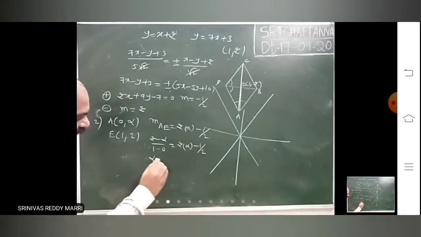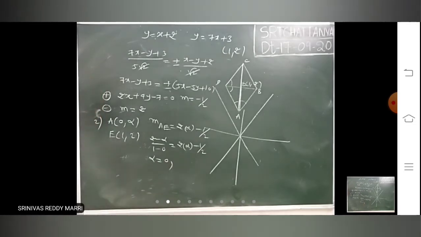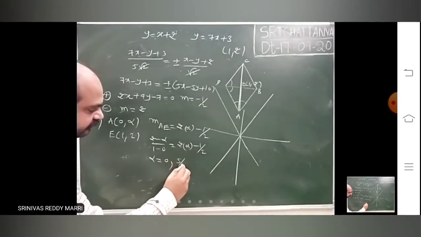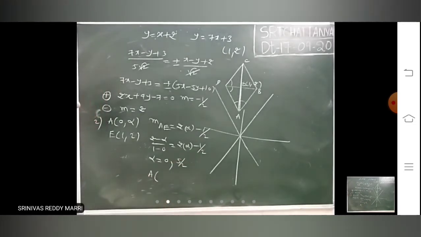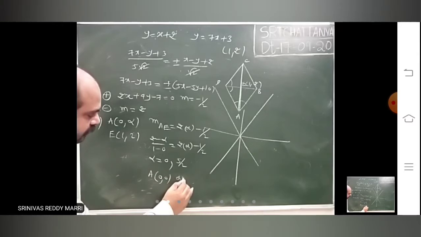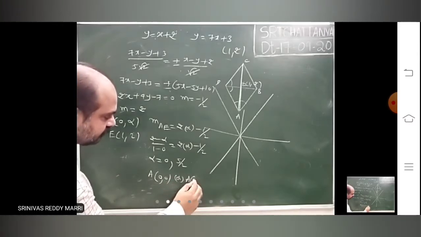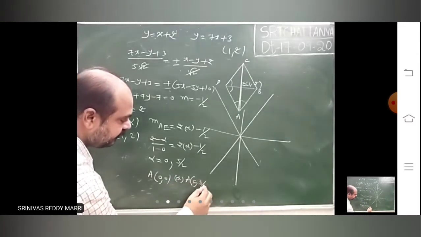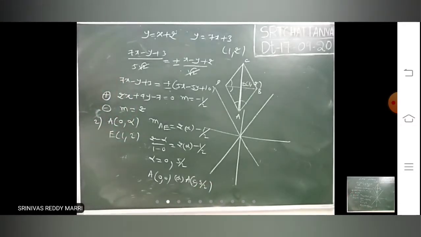So alpha is 0 if you take 2, and 5 by 2 if you take minus 1 by 2. So therefore, the point A is one point (0, 0), or A is (0, 5 by 2).